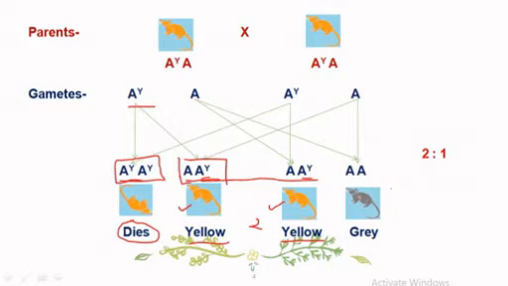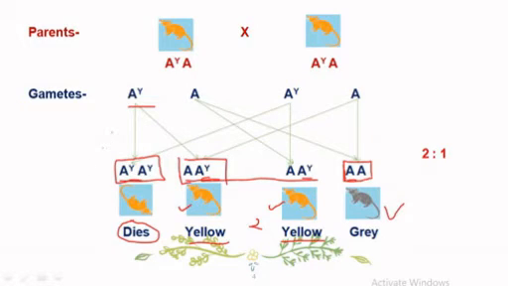Now only one mouse is totally normal, having no lethal effects, and it contains both alleles as capital A. This particular genotype is completely normal, with no sign of lethality, and these organisms will not cause any lethal effects in their offspring either. So these two are carriers for lethality, and this one is very normal.